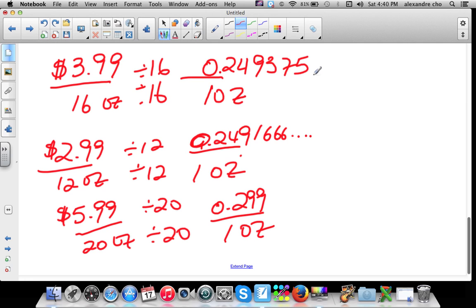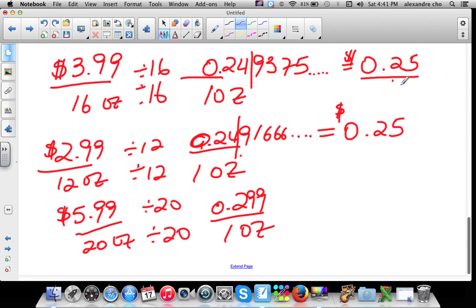In all reality, if this was your test and I made a mistake like this, I would have asked you to round this to the nearest hundredth. So this would have become 0.25. And this would have become 0.25. And either the 16 ounce or the 20 ounce would have had the same price. Just to make life a little bit simpler.